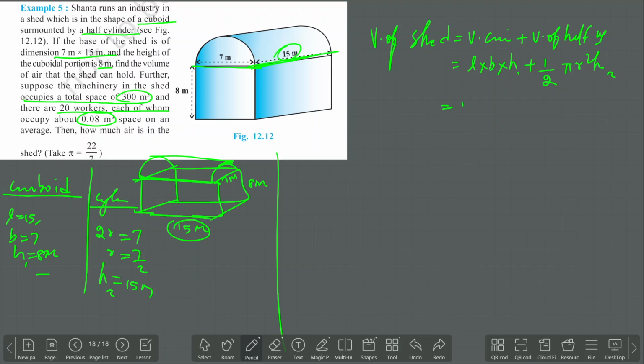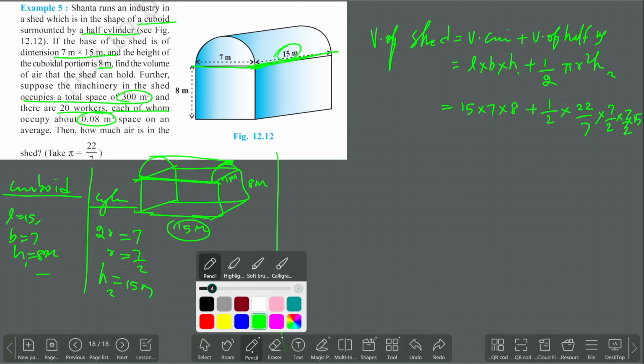L value 15, B value 7, H value 8, plus, for the cylinder, pi value 22 by 7, R value 7 by 2 into 7 by 2, H2 value they have given 15. That's it. Now we have to simplify this.